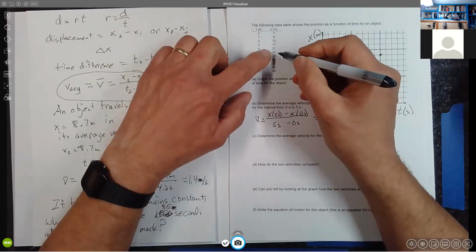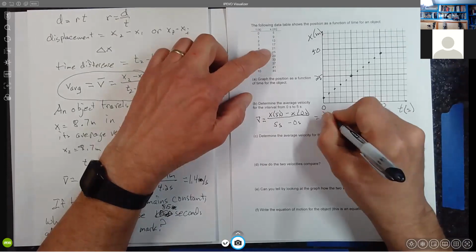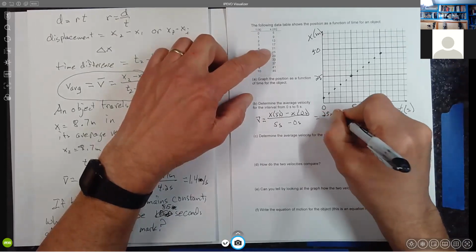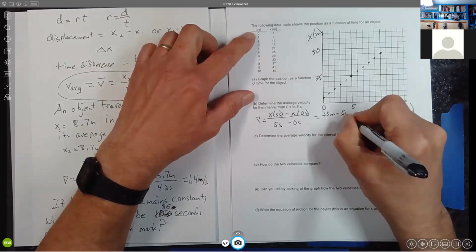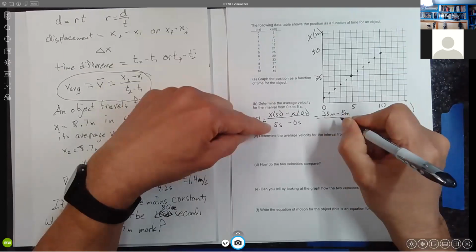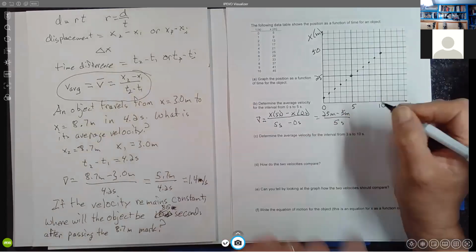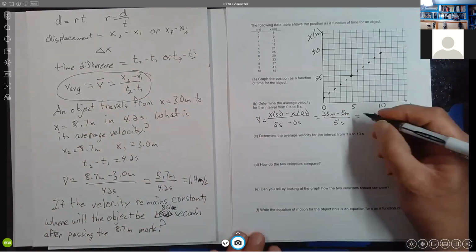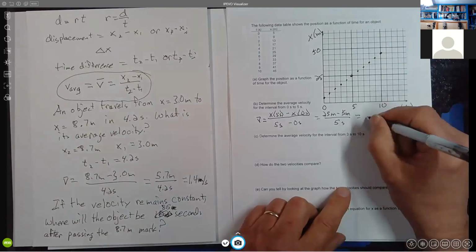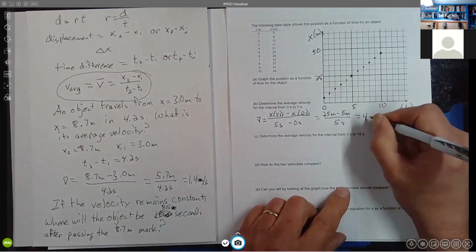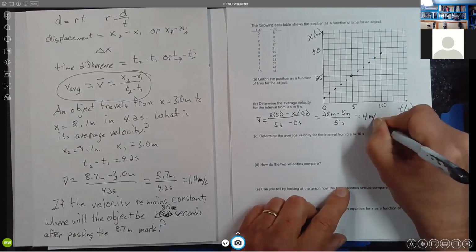It's at 25. So 25 meters minus at 0 seconds, it's at 5 meters. And the bottom is just going to be 5. I can do this in my head. 25 minus 5 is 20, divided by 5 is 4. So I get an average velocity of 4 meters per second.